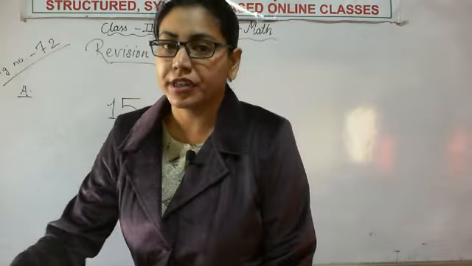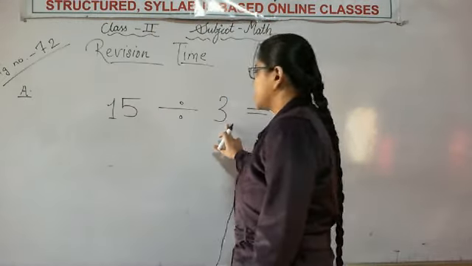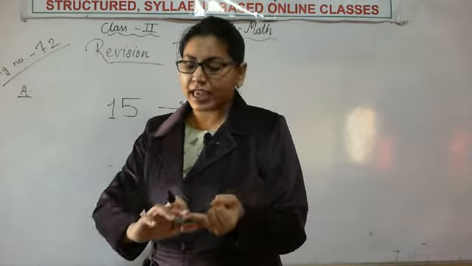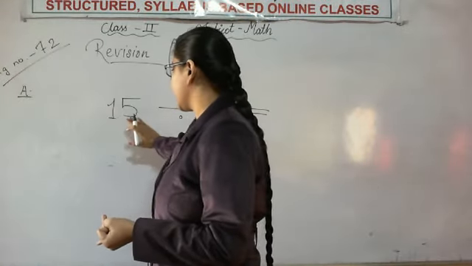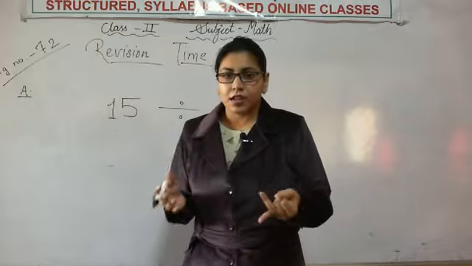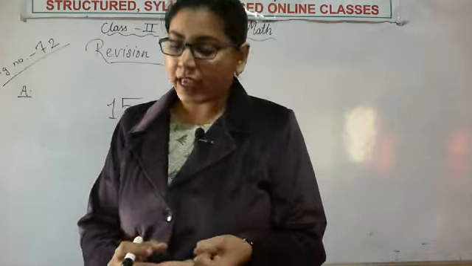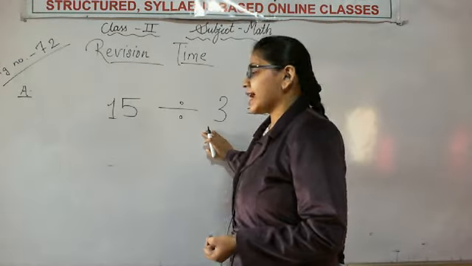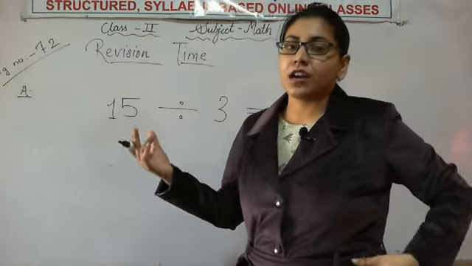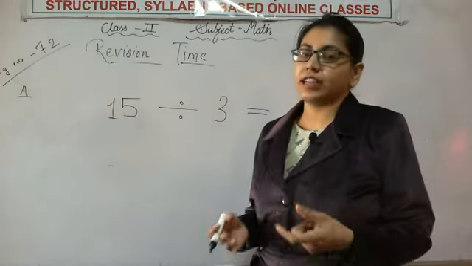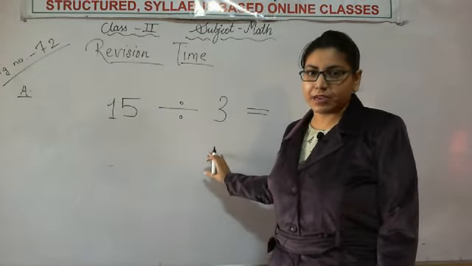So we know how to divide. There are so many ways. We can repeatedly subtract. We can make 15 objects and then make different groups of them, or we can solve it by multiplication, that we had learned, the multiplication and division relation with the help of tables.